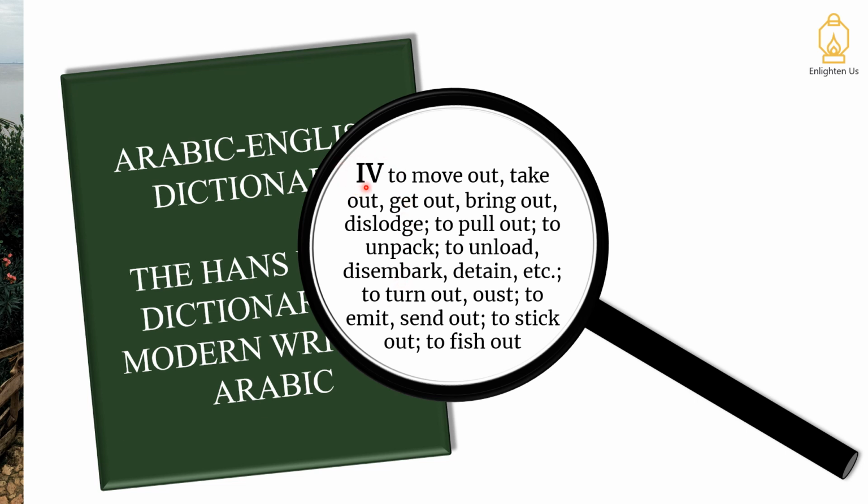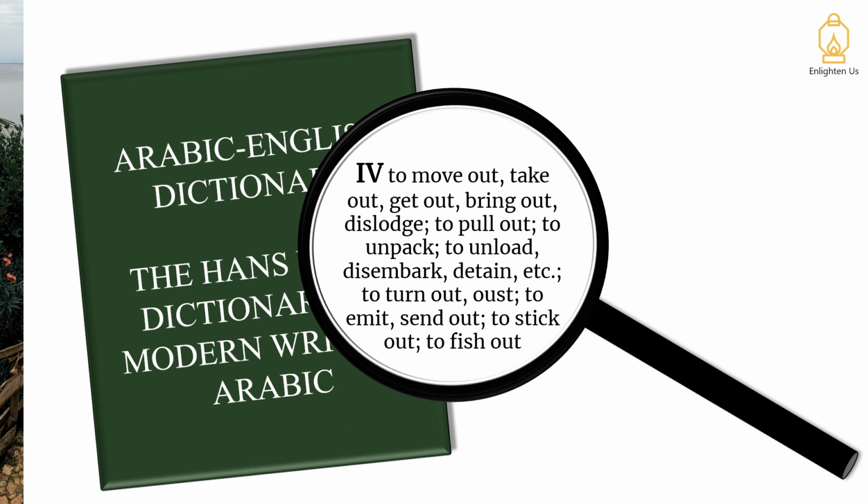So for verb form 4, for أخرج, we have to move out, take out, get out, bring out, dislodge, to pull out, to unpack, to unload, disembark, detain, to turn out, oust, to emit, send out, to stick out, or to fish out. These are all the variations of what this particular verb form denotes.